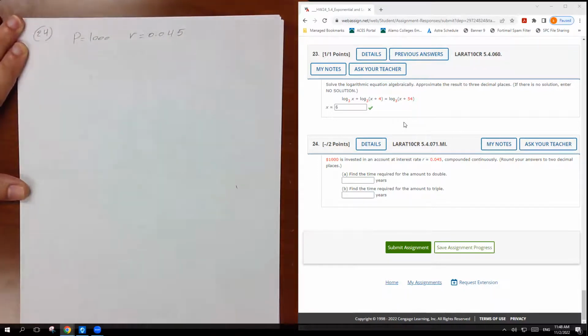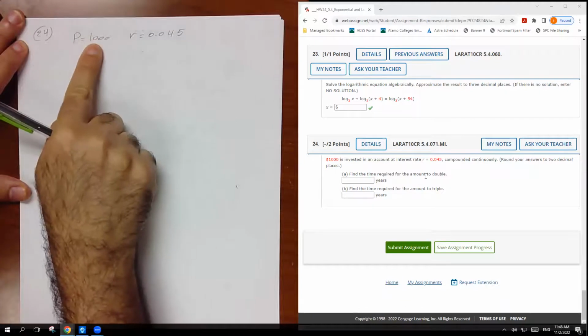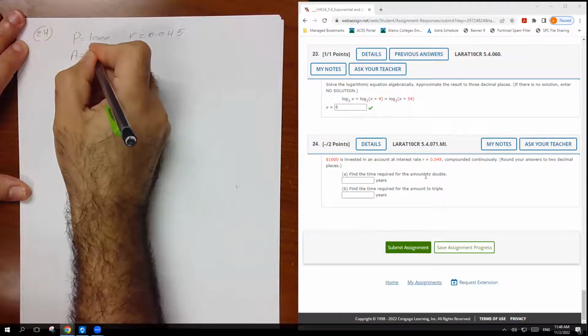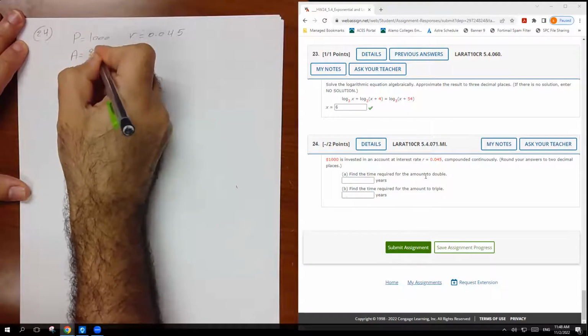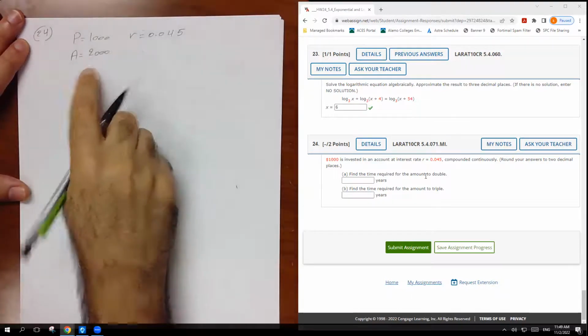They ask you to find the time required for the amount to double. That means our future amount is going to be double this one, that means the future is going to be 2,000. We need to find the time.